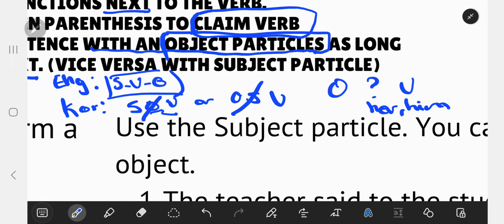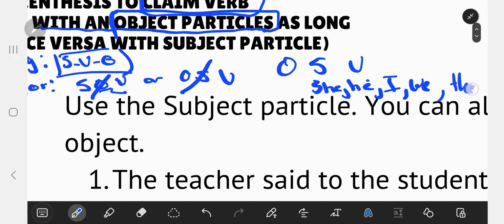Vice versa, if we have an object, then obviously the subject is missing. In that case, it'll be she, he, I, we, or they, even though this wasn't here. Because just by having this object here, we already know that what's missing should be the subject form of a noun or a pronoun.